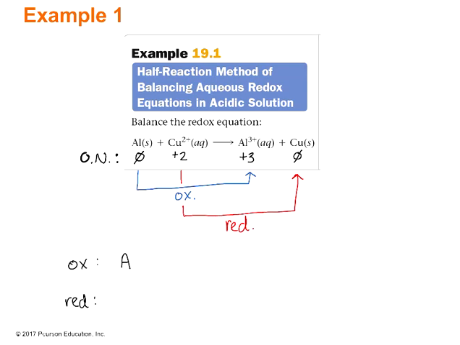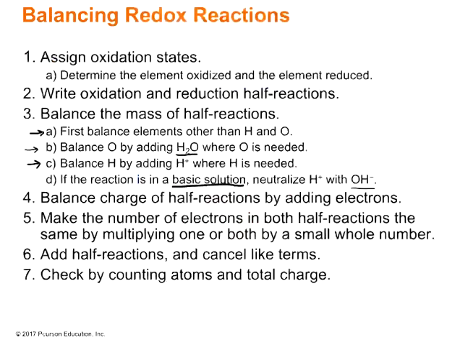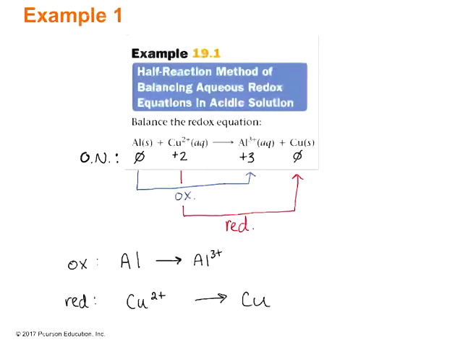So oxidation, aluminum becomes aluminum 3+, and then reduction, copper 2+ becomes copper. All right, so now step 3, balance the mass of the half reactions. So really that's just saying to balance the atoms on both sides.